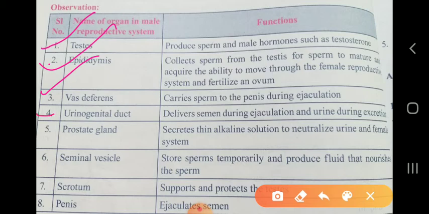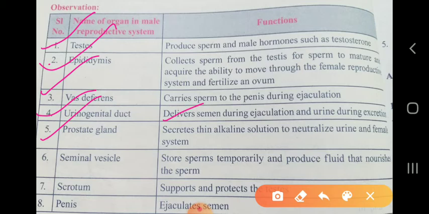The fourth one is the urinogenital duct. It delivers the semen during ejaculation and urine during excretion.